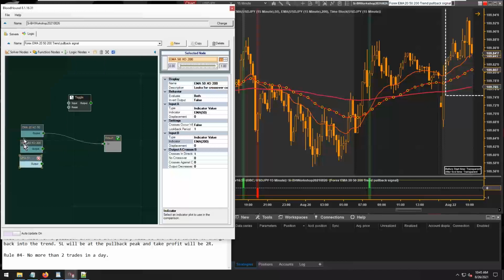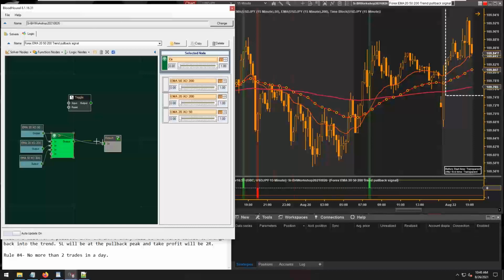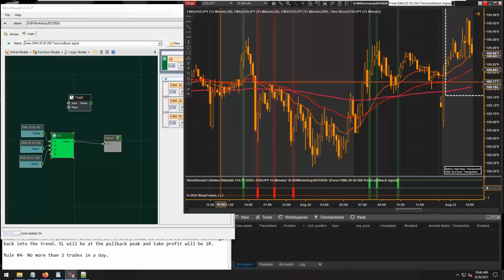Now we're going to plug all of these into an OR node. So if any of these generate a crossover, that's what we want to identify, right? So during this period of time here, right, the Asian session, we want to see if there's any crossover conditions.